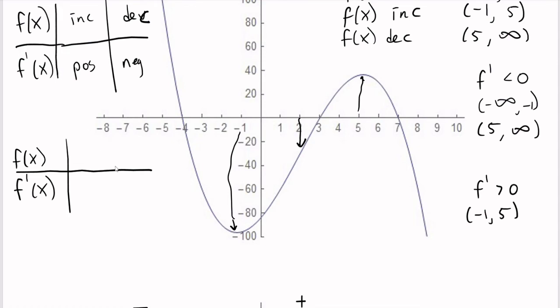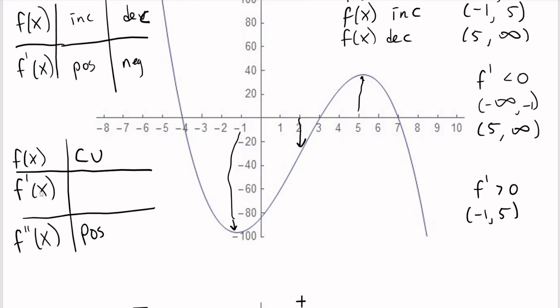Okay, if this is concave up, what does that tell me about this function? Well, remember, concave up was the same thing as f double prime being what? Positive. Okay, but wait, remember, the second derivative is the rate of change of this.